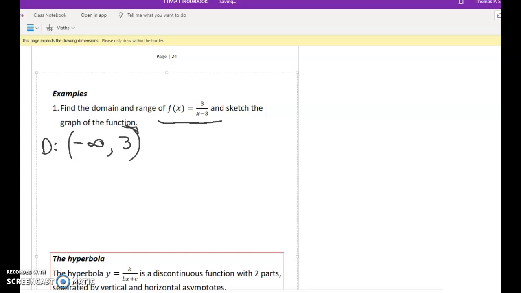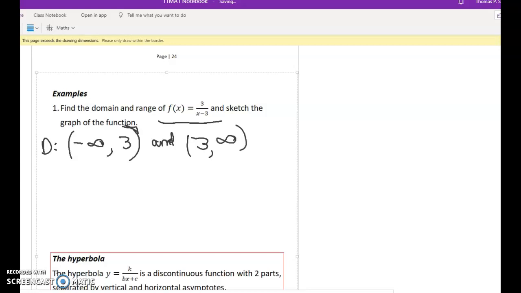And we're also going to have from 3 up to positive infinity from there. So it just doesn't include 3 basically.